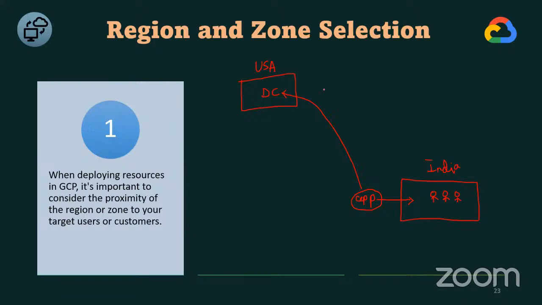Whatever application you have created, you have deployed your code in the USA data center. Now your application is available here. Your application is running in the North America data center only. One minute.